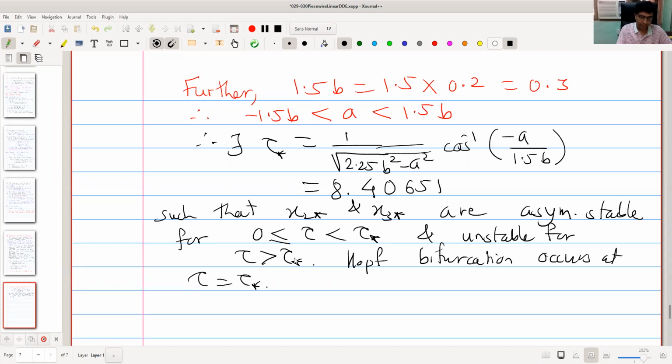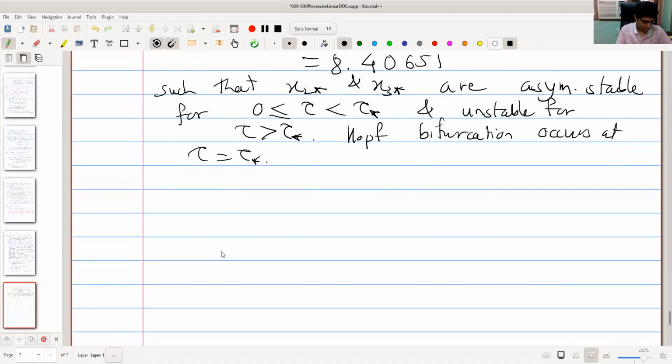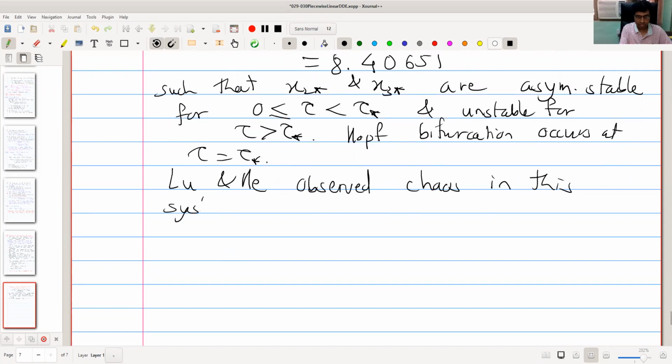So in this paper, it is shown that tau equal to 25 gives chaos. These mathematicians Lu and He observed chaos in this system for tau equal to 25.